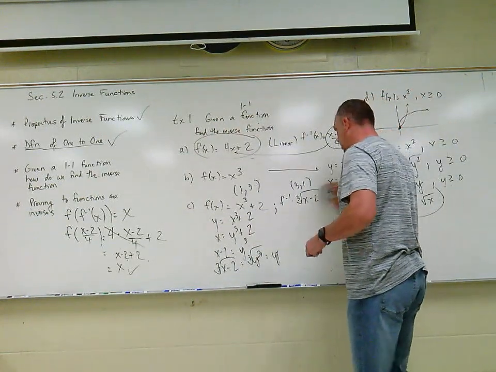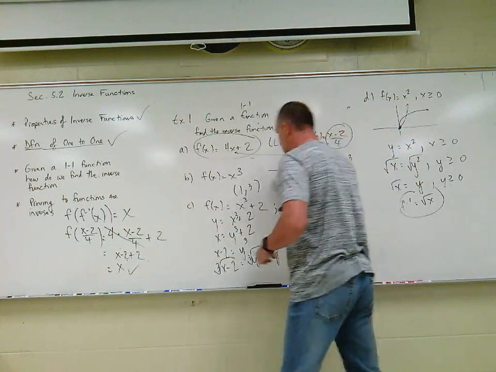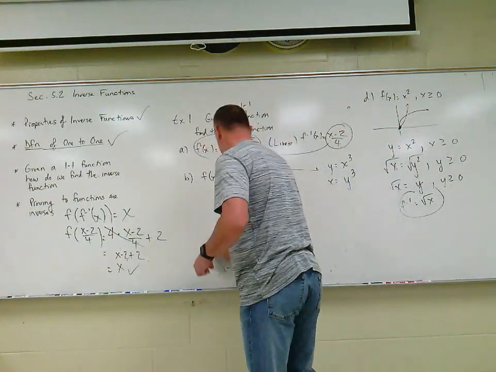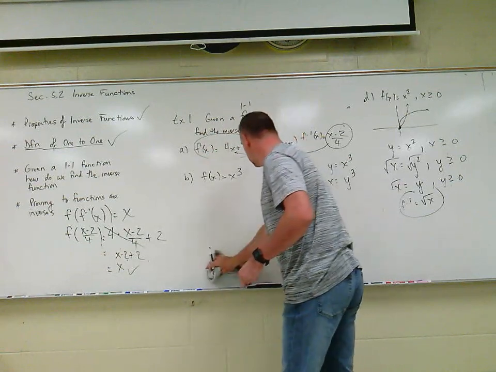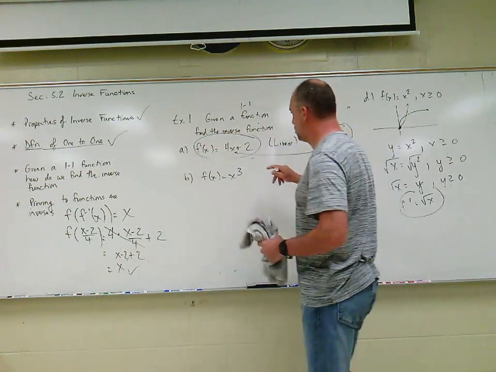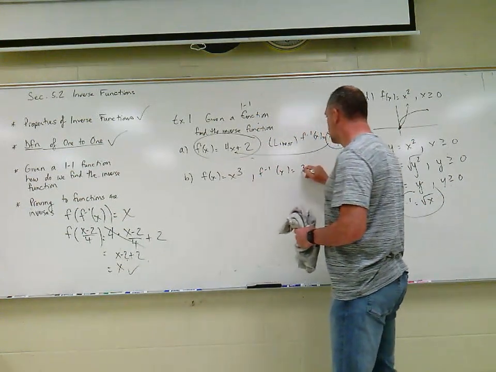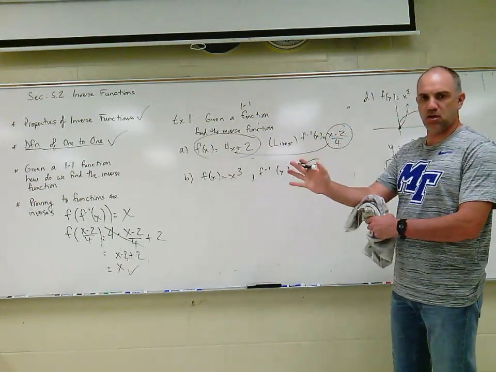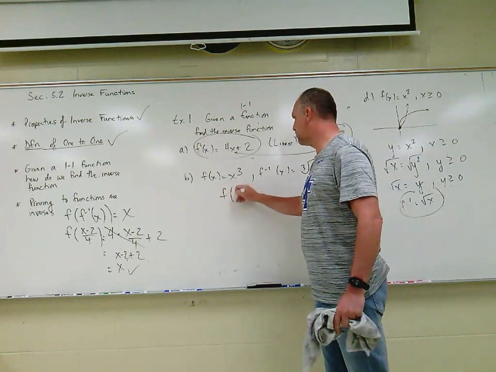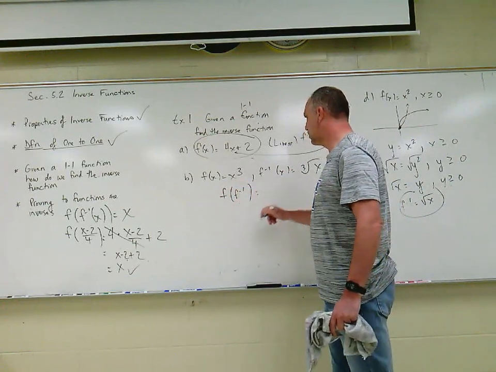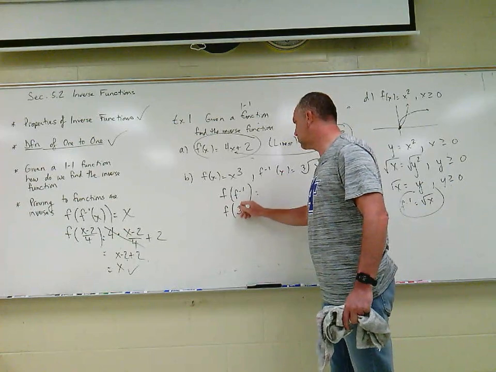So let's just prove the original two that we did. Right here, I'm going to prove that they're inverses. So the x cubed and the cube root of x. So you do composition. One goes into the other one. So if I do f of f inverse, that means I'm going to do f of cube root of x.